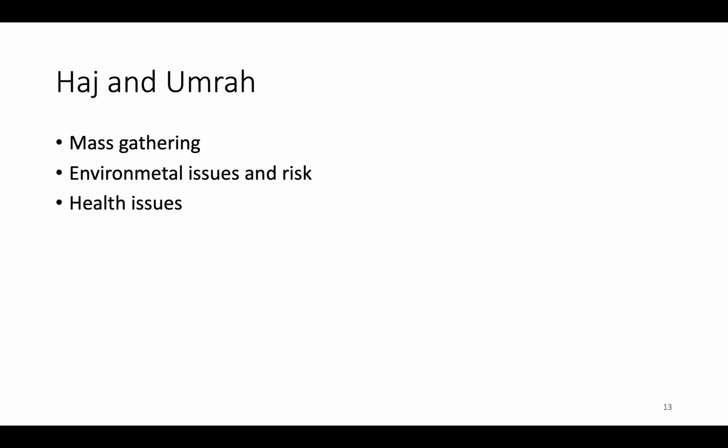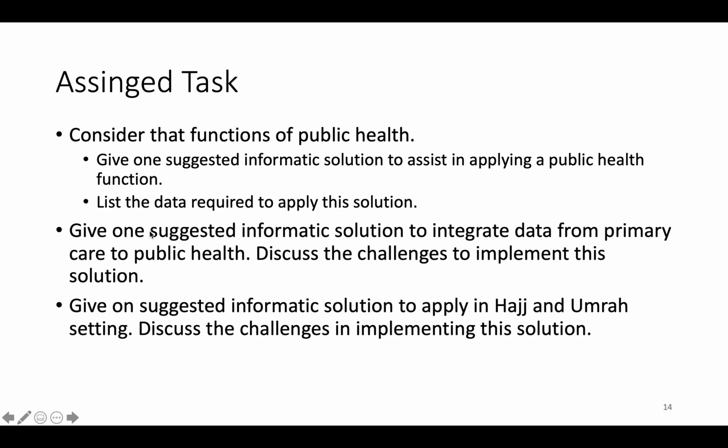Other environmental issues include sanitation, transportation, crowding, and there is a lot of risk of injuries, and in summer, heat strokes. So there are special issues that are related to Hajj and Umrah. These should be looked at from the population health point of view, in addition to other health issues. With this, I will stop here.